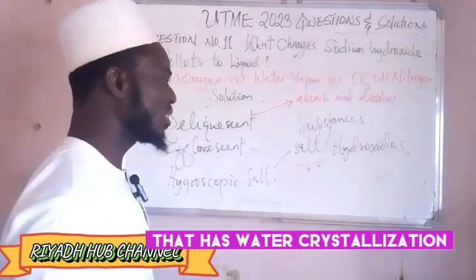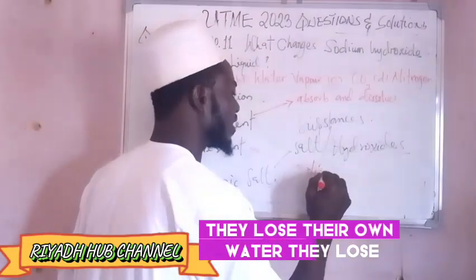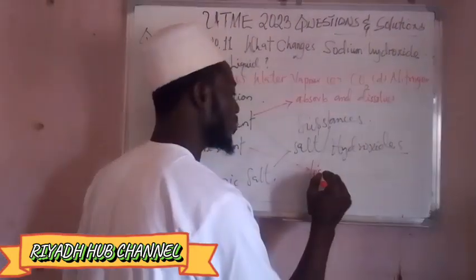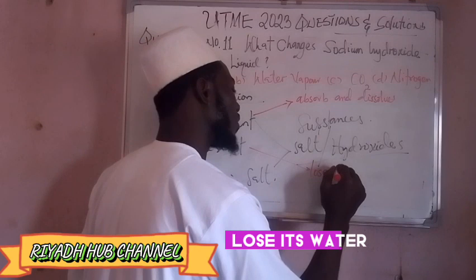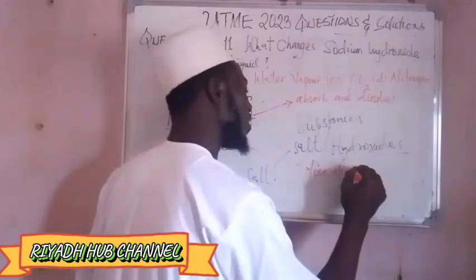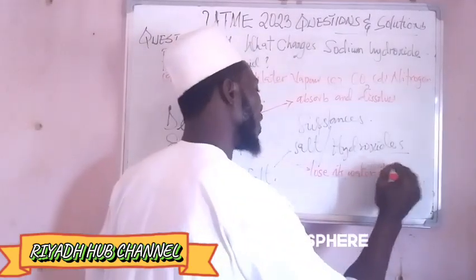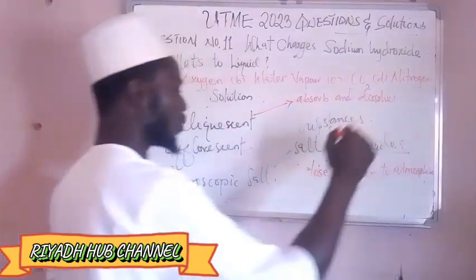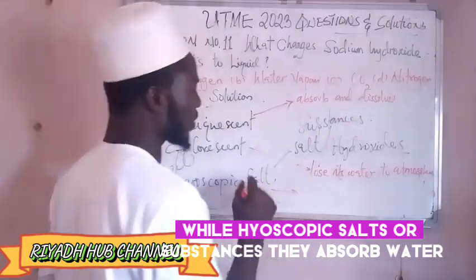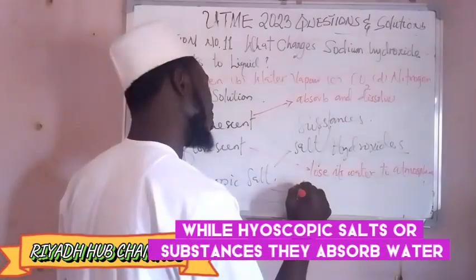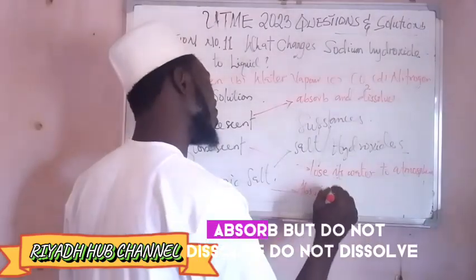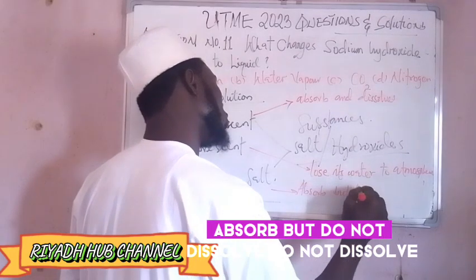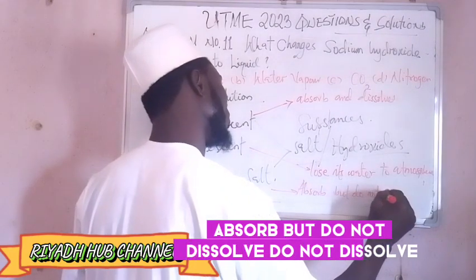However, crystalline salts or substances that have water of crystallization lose their own water to the atmosphere. We call them efflorescent. While hygroscopic salts or substances absorb water but do not dissolve.